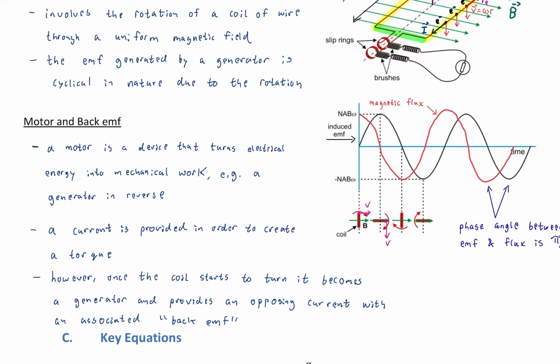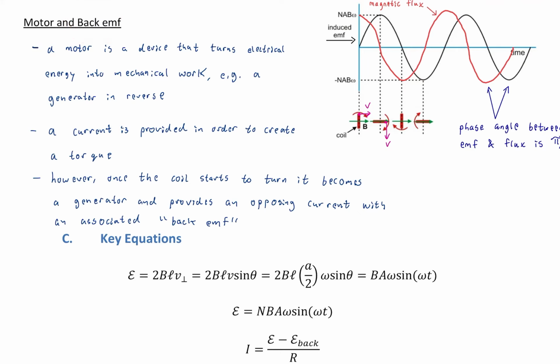And that's simply due to Lenz's law, because Lenz's law says the induced current opposes the change in magnetic flux. Well, the magnetic flux was changed due to the input current. Thus, the induced current opposes the original current. Okay, and so we call it the back EMF. The induced current is called the back EMF.